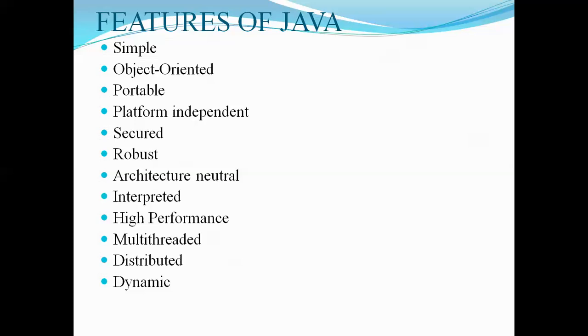Dynamic. Now, what do you mean by dynamic? In general, for any programming language, memory is allocated in two different ways. One is static memory or compile-time memory, and the second is dynamic memory or runtime memory. What is static memory? Whenever memory is allocated at compilation time, it is known as static memory or compile-time memory. The major disadvantage of static memory is wastage of memory space.